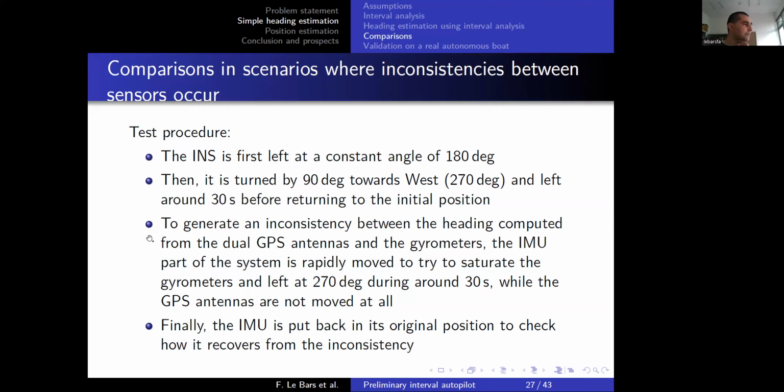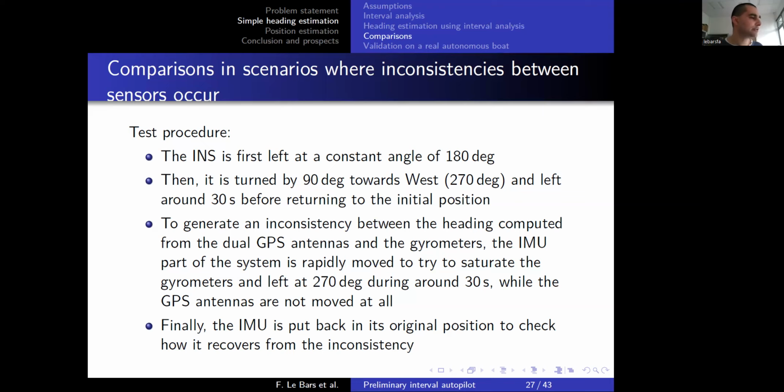However, after that we try to generate inconsistencies to be in a non-nominal situation. So what we do to generate the inconsistency is leave the GPS antennas where they are, towards the south, but we turn the magnetometer part of the system.